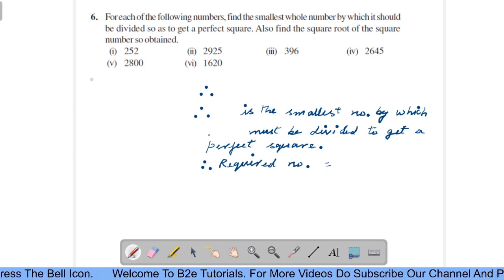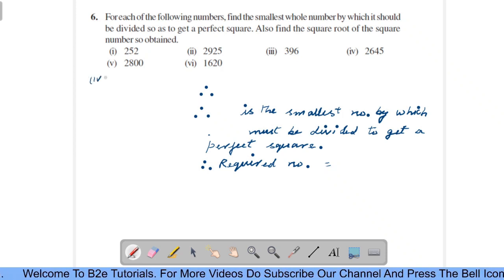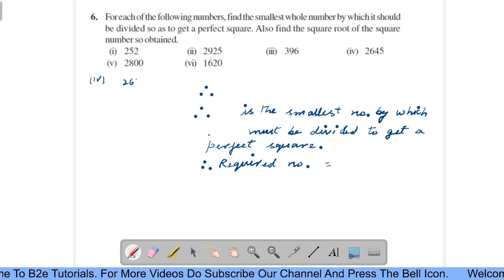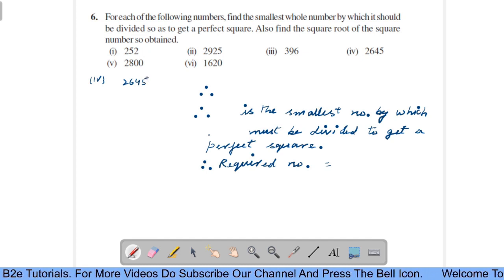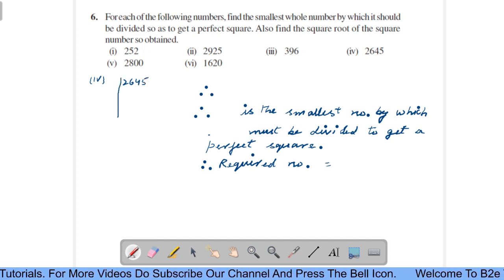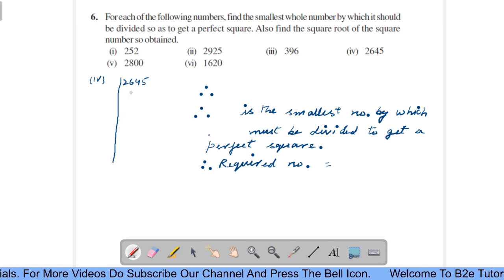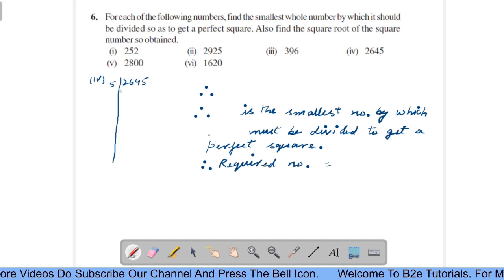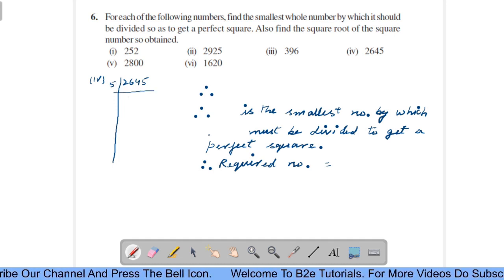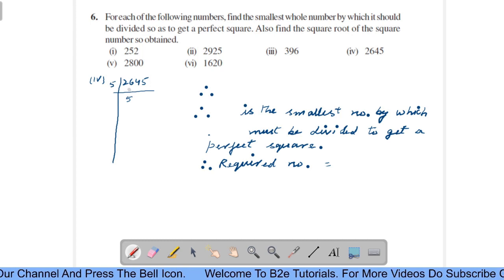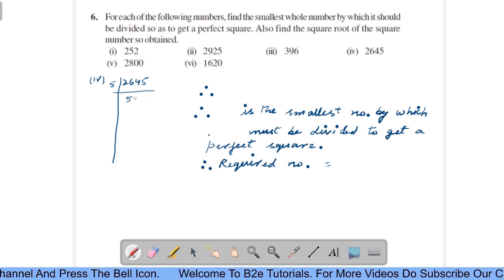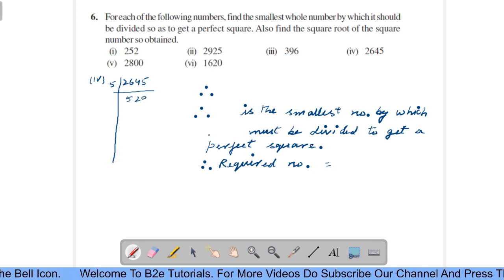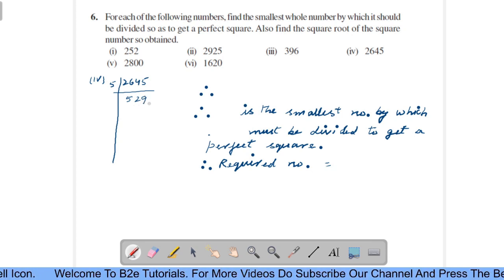Now come to fourth part. It is 2645. Find out prime factors of 2645. Divided by 5, it is 5 5 is 25, 5 2 is 10, and 5 9 is 45.